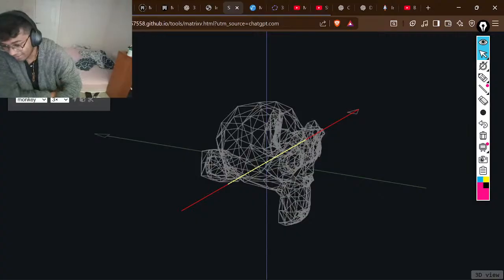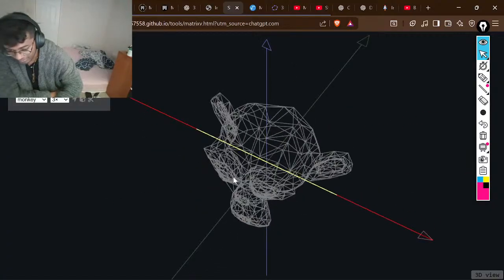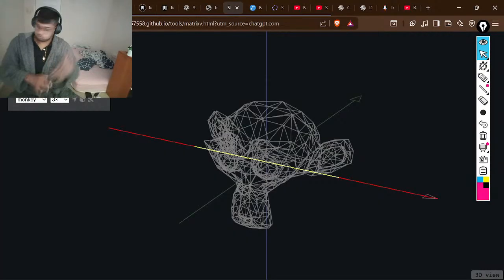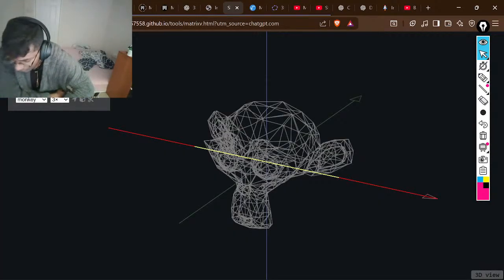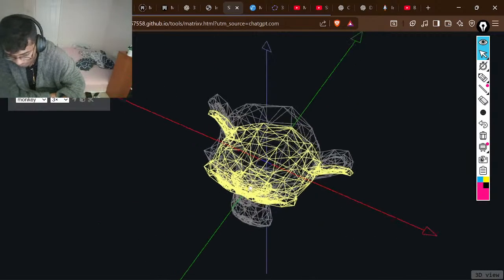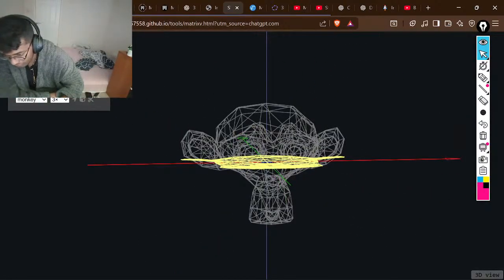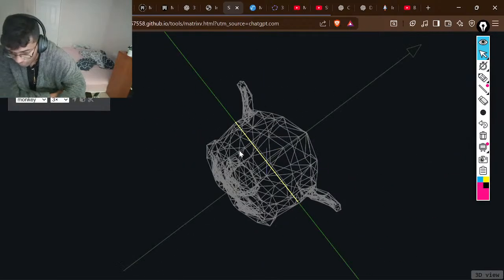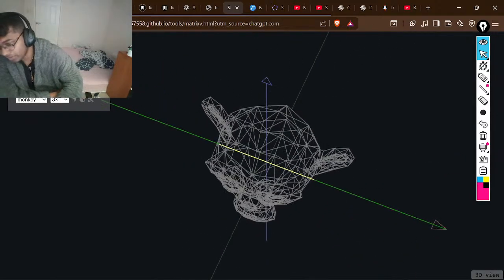Okay, this is a line. So this is like one basis, I guess. No, this is not a basis. What is going on? Oh, okay, I understand it. Okay.